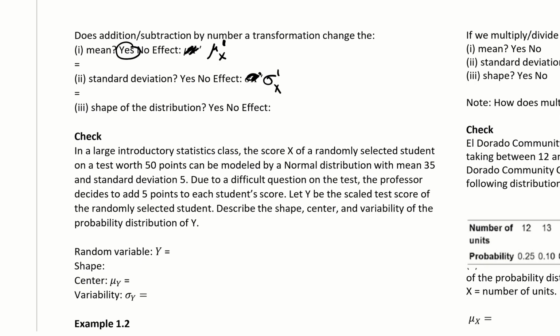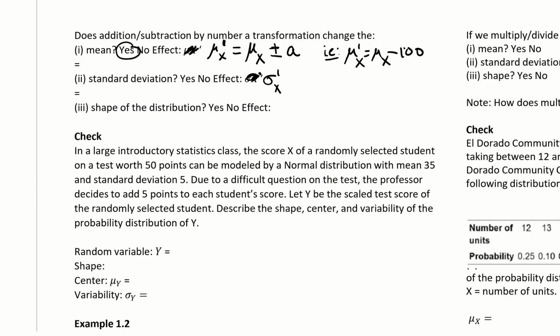So it got transformed. This is equal to the original mu x plus or minus whatever effect you had, whatever you added or subtracted. So in this example, it was mu x prime equals mu x plus 100 or minus 100.